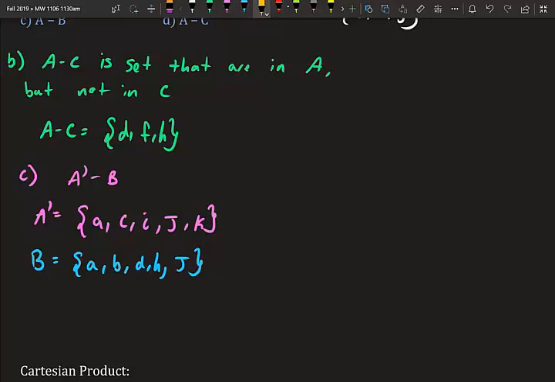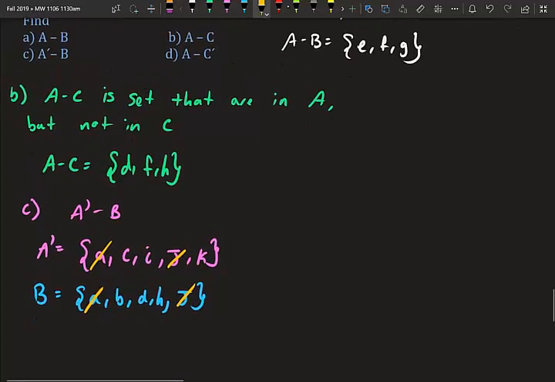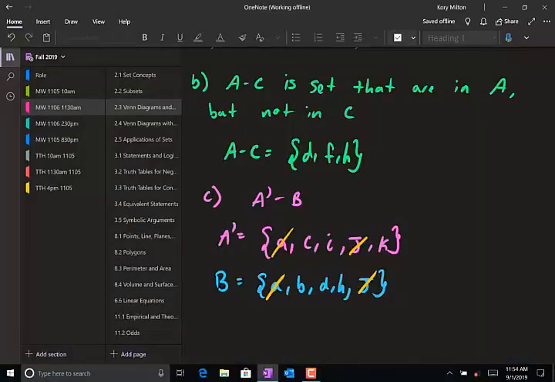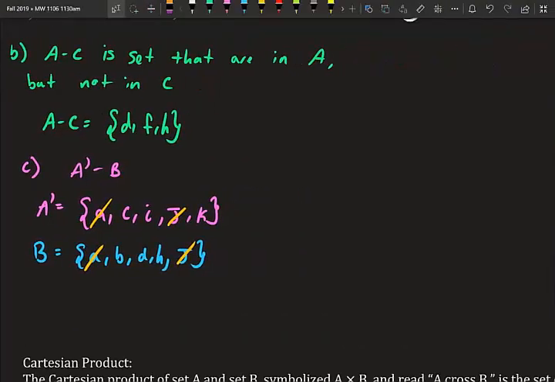So what they have in common is A, J, and that's it. Okay, sorry, I wrote down my B wrong.